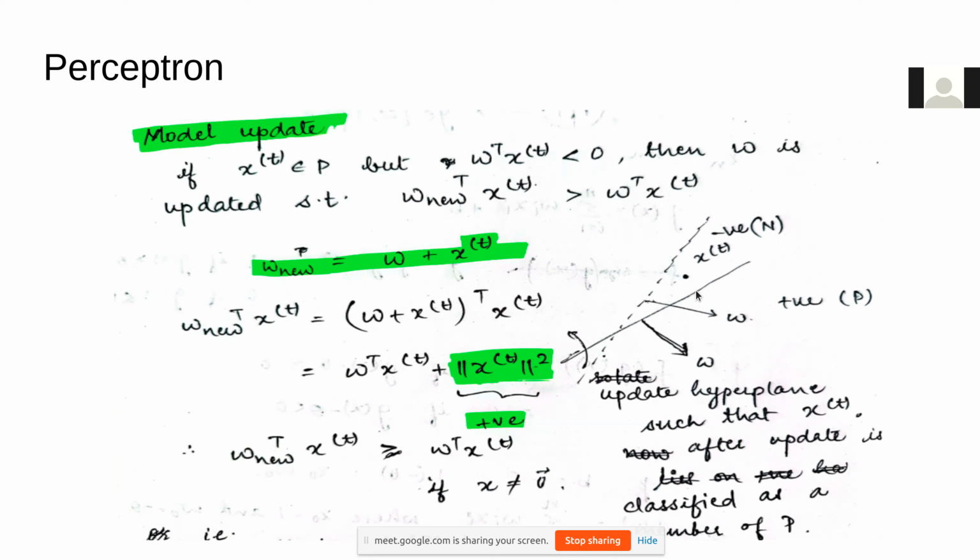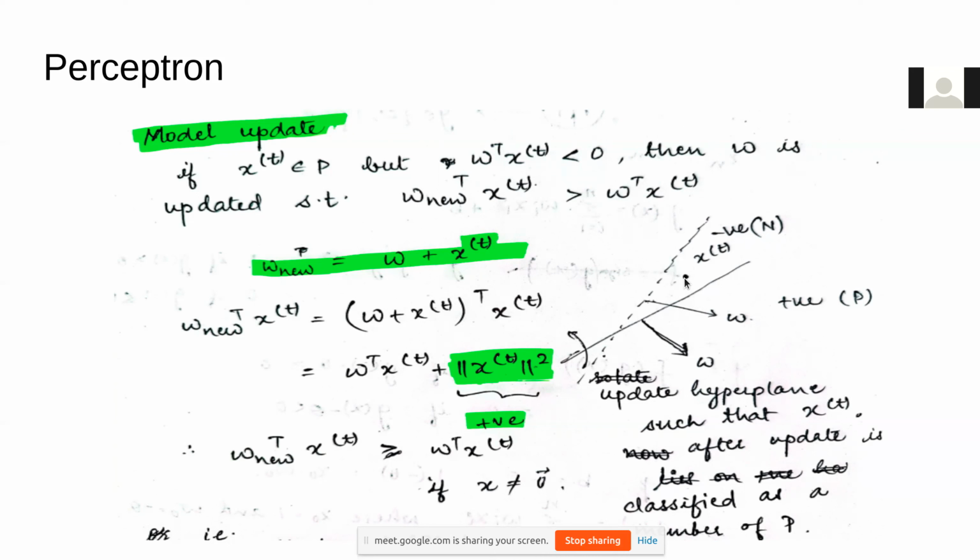So here is a simple diagram in which the solid line is representing the initial W, and this arrow is representing the direction in which W was pointing, and this is the initial hyperplane. Now there comes this point X of t here, and though it is a positive class point, it has been misclassified by this hyperplane to be a member of class 0.